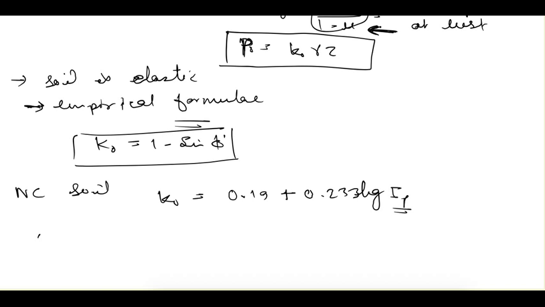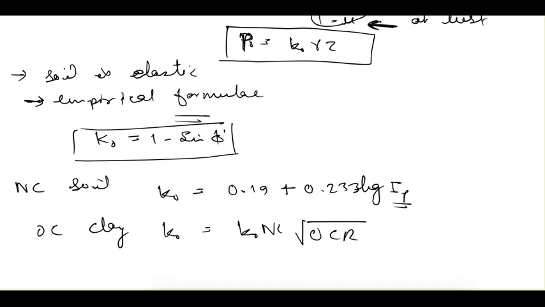For over consolidated clay, k naught is equal to k naught for normally consolidated soil times root OCR, that is the over consolidation ratio. You can remember this formula for the relation between k naught of normally consolidated and over consolidated soil. I don't think you need to remember the previous one, but this one is easy, so you can remember it.